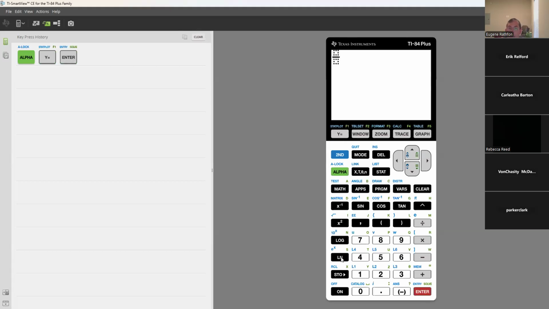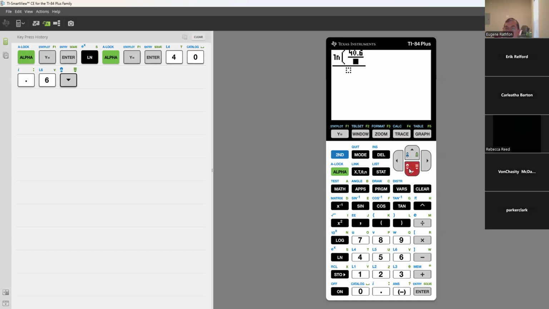I'm going to do my ln, and then alpha y equals again for another fraction bar. So on top, we had 40.6, on bottom, 68.6. I want to arrow out of that, close those parentheses. And then on bottom, Carlitha, let me know. Okay, that was 52.